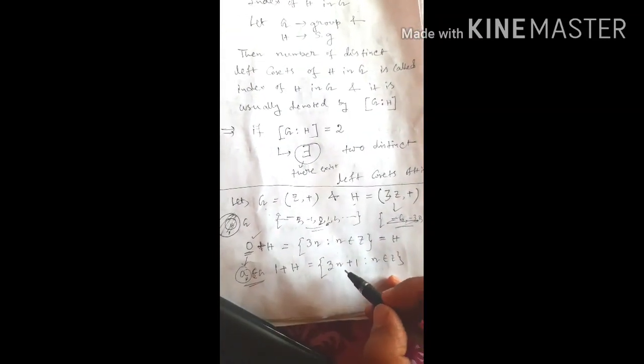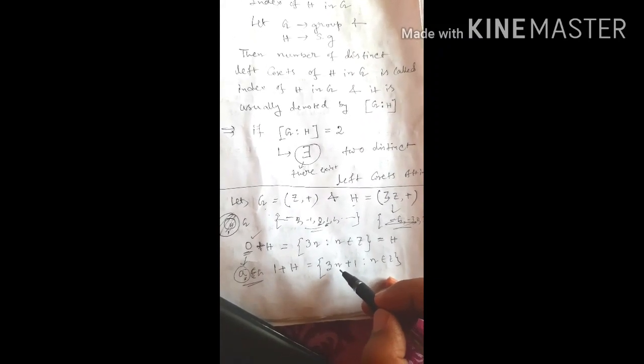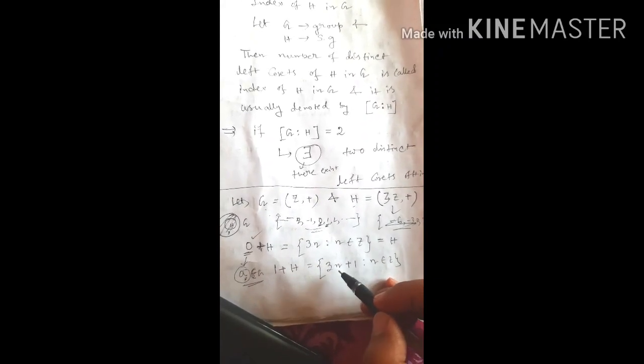In 3n plus 1, putting 0 we have 1, putting 1 we have 4, like 1, 4 and so on. In the first coset the elements are 0, 3 and so on.